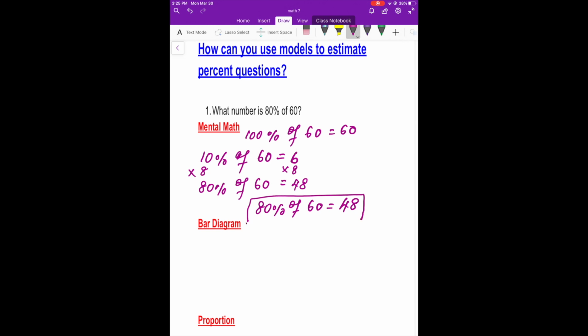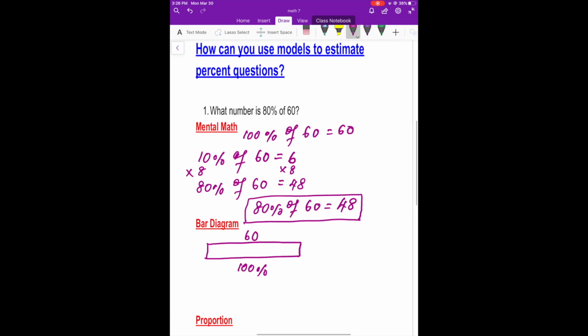That's using mental math. And how do I find the answer using a bar diagram? For a bar diagram, we normally use a rectangle or a bar, and this is one whole. One whole means it's 100%, and 100% is going to be 60.